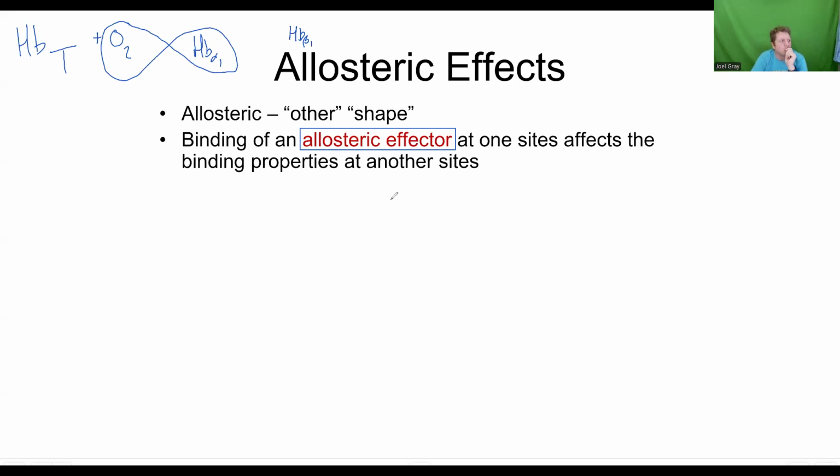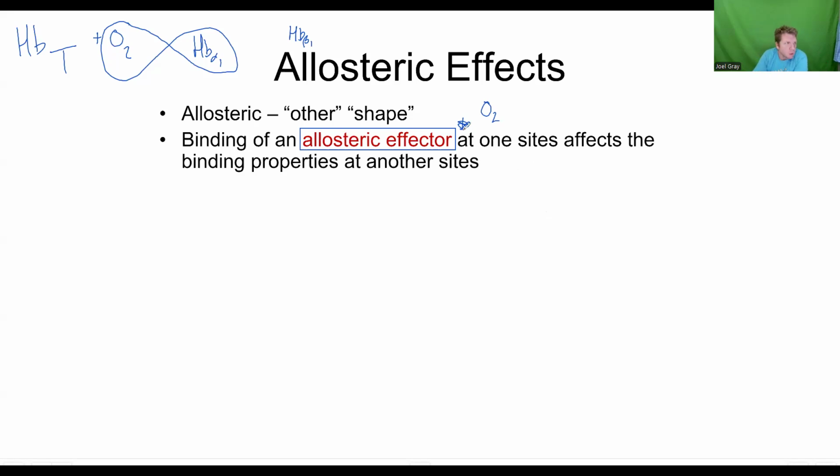So with that in mind, this is our first example of an allosteric effector. O2 is an allosteric effector of hemoglobin, because when hemoglobin binds to O2, several of its other subunits become more interested.